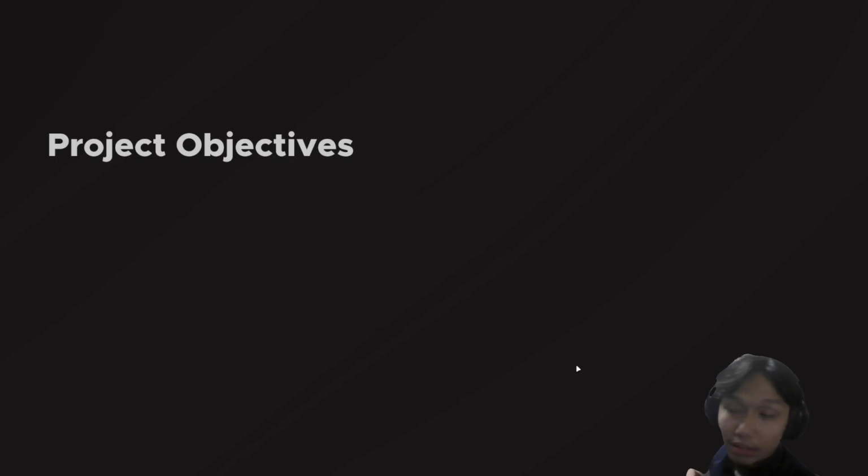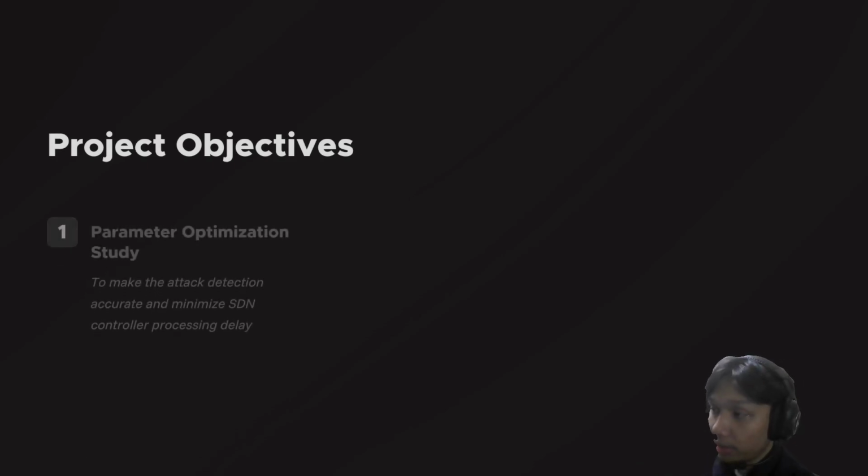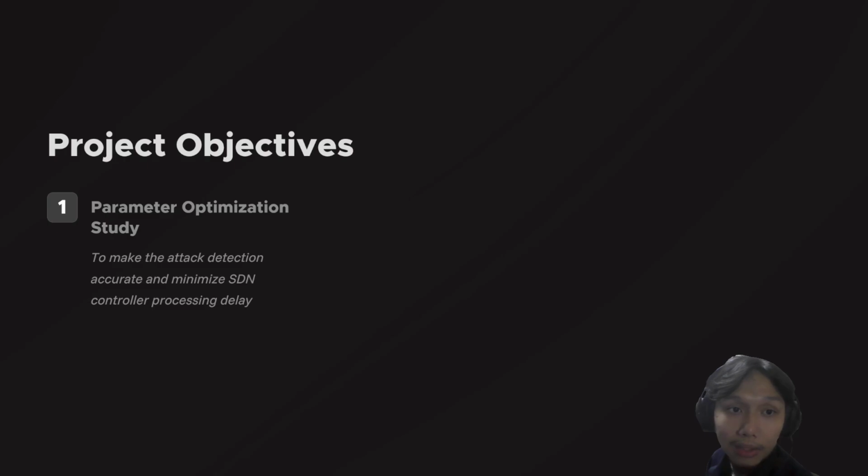Okay, so my research objective is first parameter optimization, which is to make the attack detection accurate and minimize controller processing delay. This research cannot completely eliminate the problem but can optimize it.